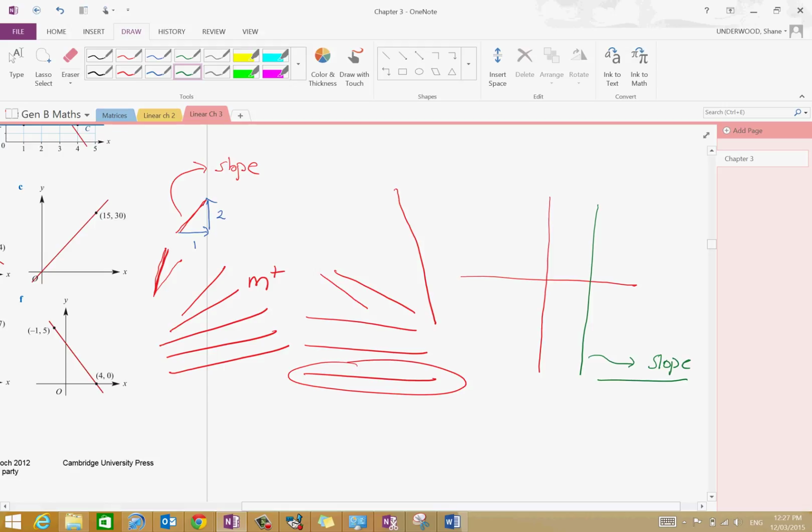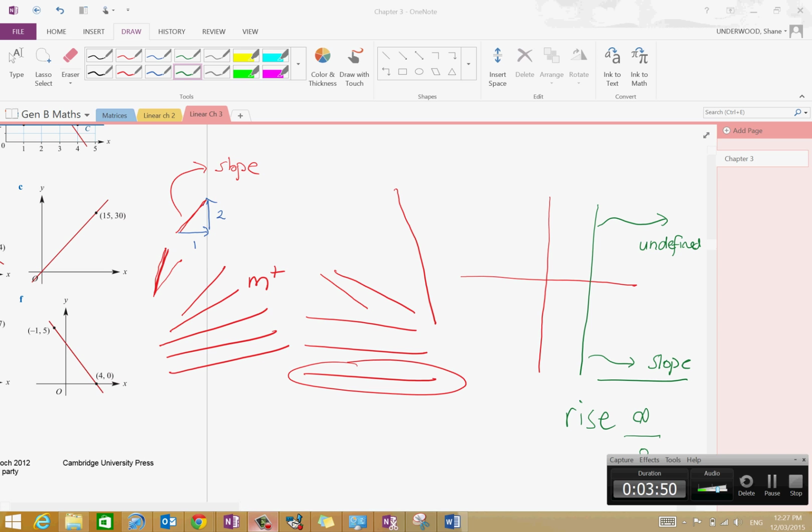Rise over run. Let's do it. Well, the rise is infinite, but its run is 0. And if I divide anything by 0 in my calculator, I'm going to get undefined. So if you're ever asked to find the slope of a vertical line, the slope is undefined. Don't just write it like so.